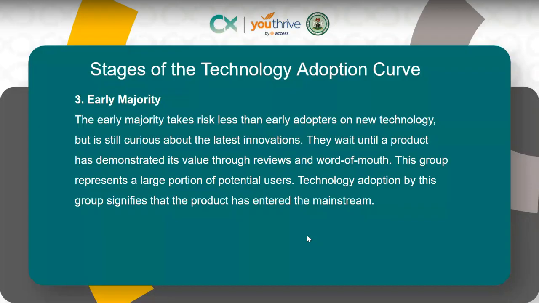Because all early majority need is proof that other people are using this, proof that it is working, proof that it has value. So if you're able to position your marketing and get people to share reviews, you will get early majorities. All right.